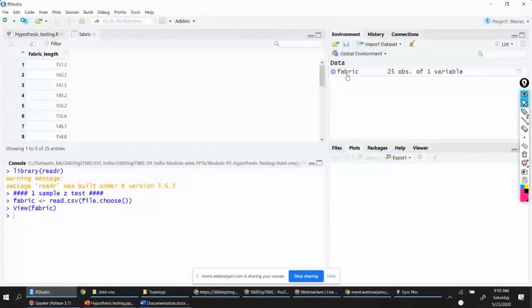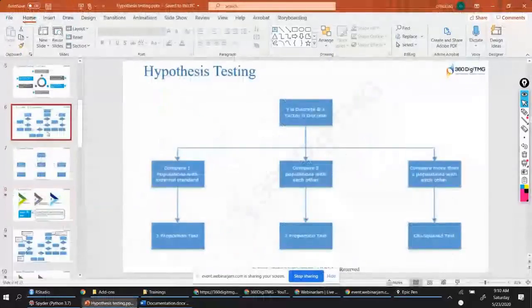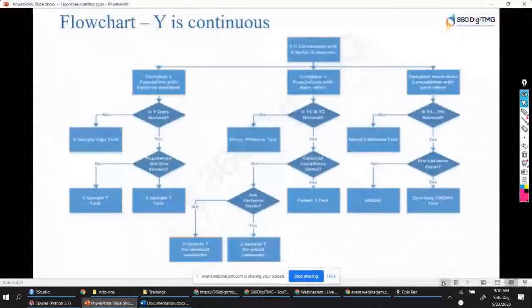So how many populations do we have, or how many groups do we have? A single group, right? A single parameter that we are having here. So if I go back to my screen here, it is fabric length, right?